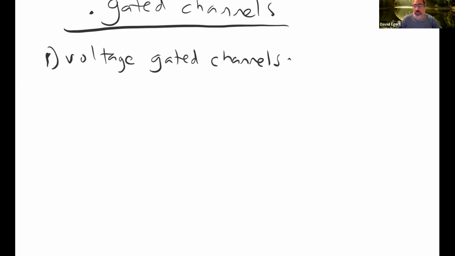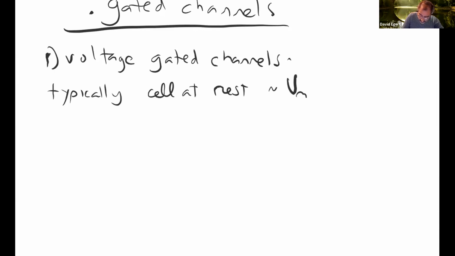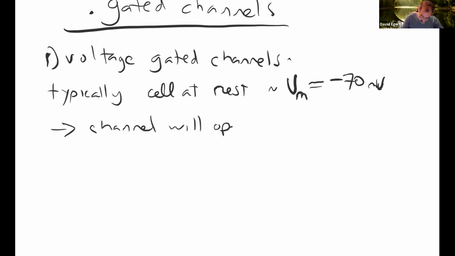Typically the way these work, a cell at rest has a cell membrane voltage of maybe minus 70 millivolts, and the channel will open when V sub m goes up to minus 55 millivolts, for instance.